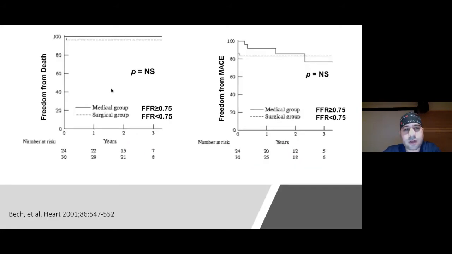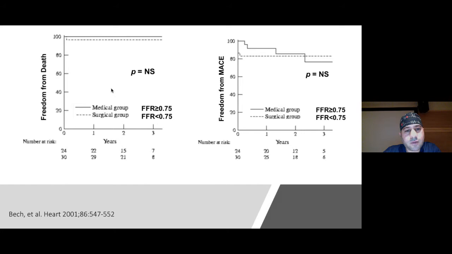That being said, if you look at the data for patients with isolated left main stenosis, this was a study published in 2001 looking at whether the FFR is positive or negative. If you had an FFR that was negative, you were deferred from revascularization and kept on medical therapy, whereas if your FFR was positive, you were sent for surgery.